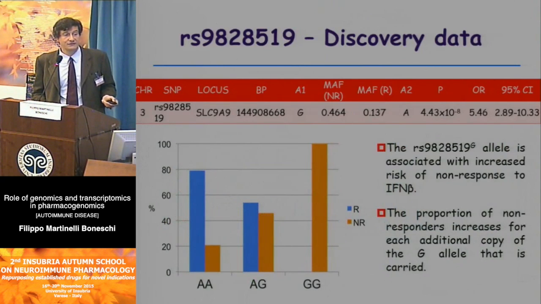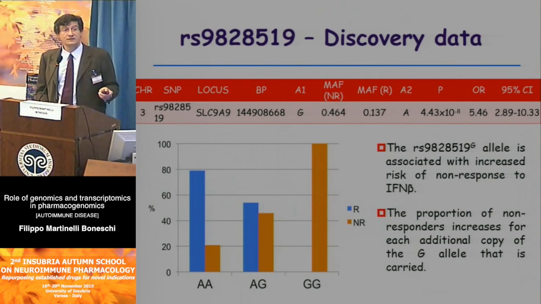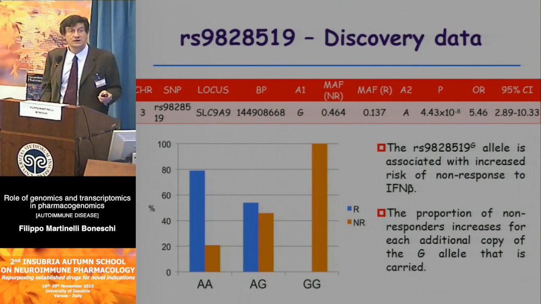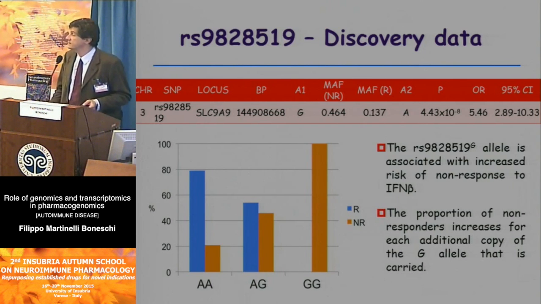And interestingly enough, you can clearly see that the proportion of non-responders, which are depicted in orange, increased for each additional copy of the G allele. Here you can see the odds ratio. So in our cohort of patients, which is around 160 patients, so a very small cohort, we detected a signal because we found a very large effect size.